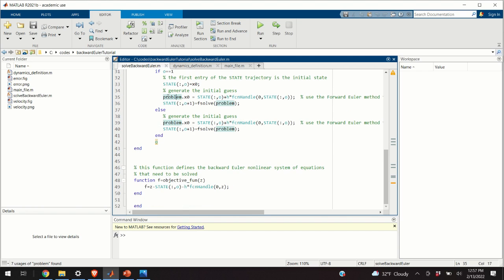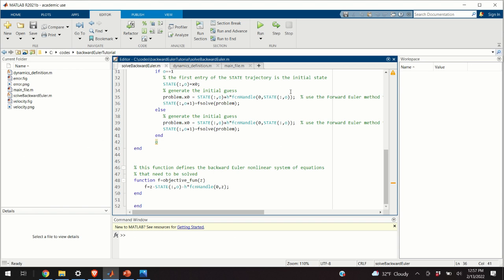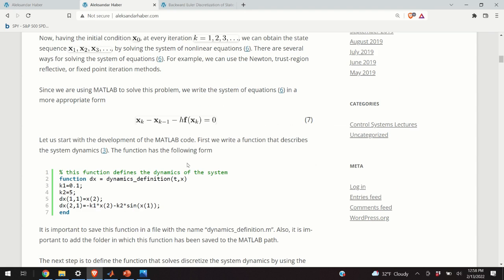And then I generate the initial guess for solving this equation, the equation 7. So I will be using a simple forward Euler method to find the initial guess. Watch out over here. This problem.x0 is not actually equal to our initial state. Instead, problem.x0 is an initial guess for solving the system of nonlinear equations given by the equation 7.